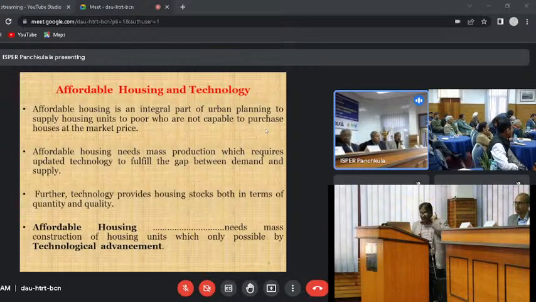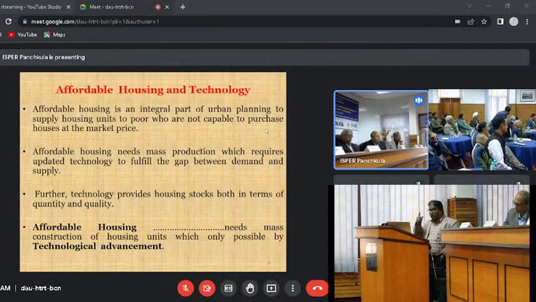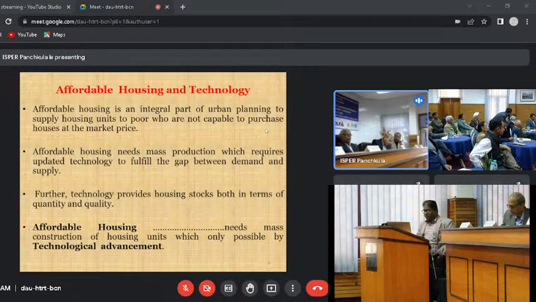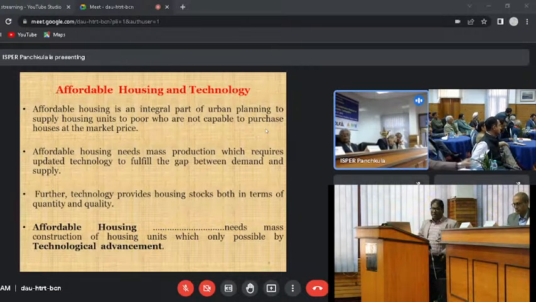Technology always promotes mass production, and provides not only quantity but also quality. So affordable housing, which needs mass construction of housing, is only possible by technological advancement.